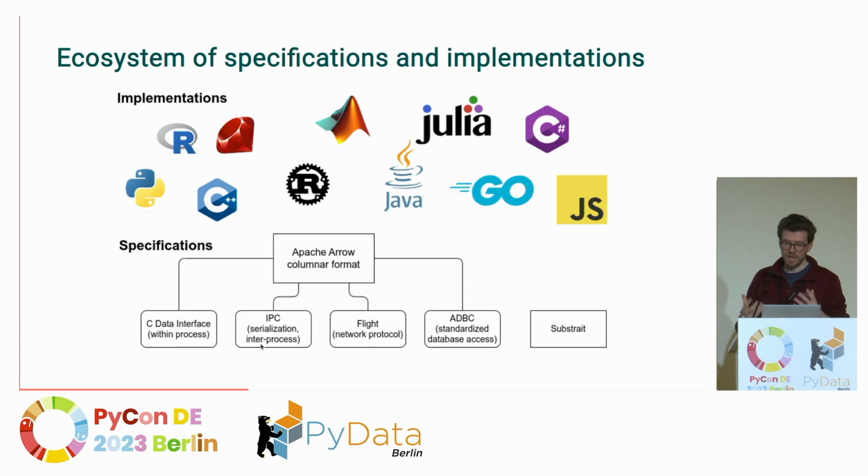And so the IPC format is a very shallow, efficient serialization format, but specialized for Arrow data. That has been there from the start. And later in the talk, I will focus a bit more on two of the other ones.